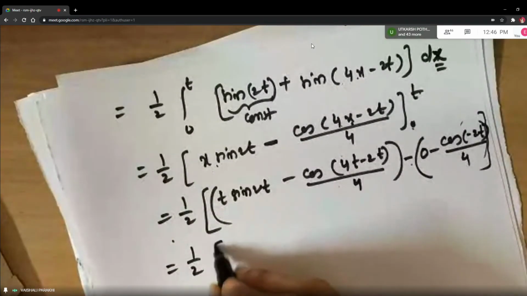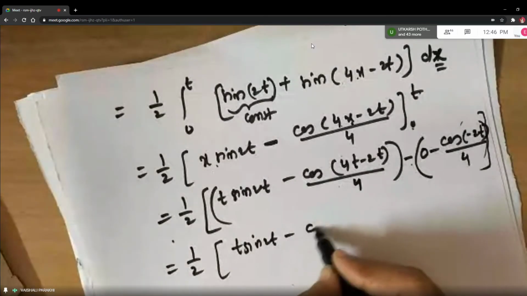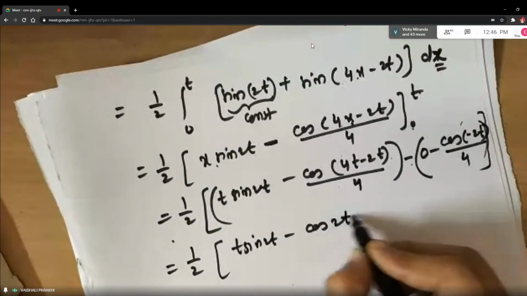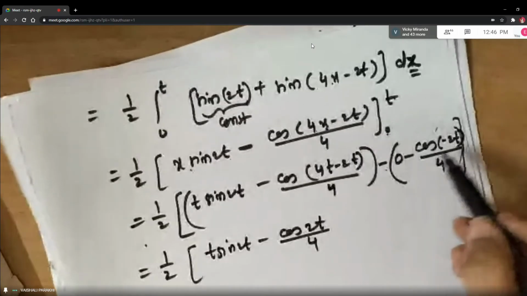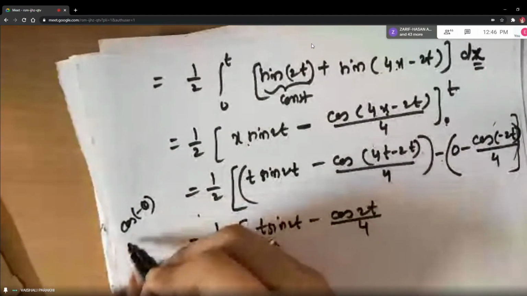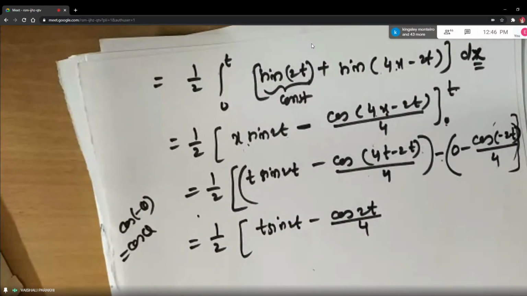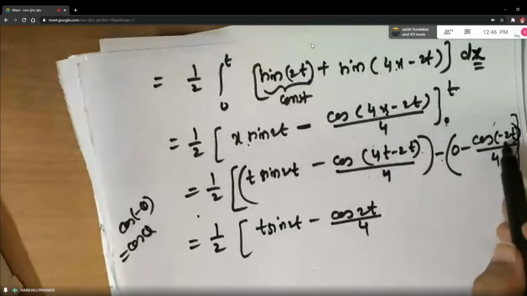Now it is half t sine 2t minus, 4t minus 2t is 2t, cos 2t by 4. Now see, students, what is cos of minus theta? Cos is an even function, so the minus sign doesn't come out. It will remain cos theta. So this is positive cos 2t.